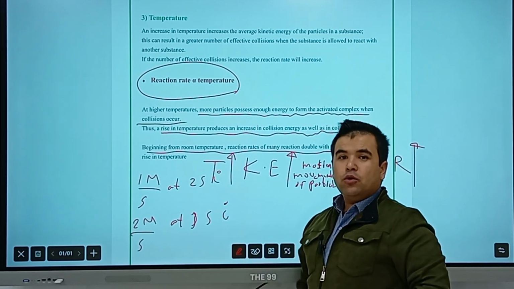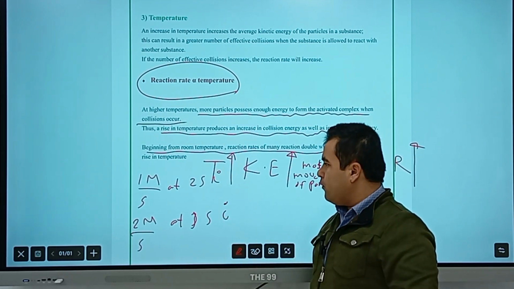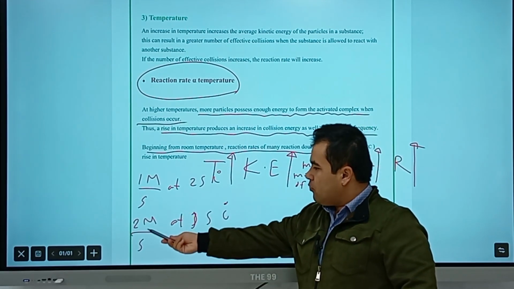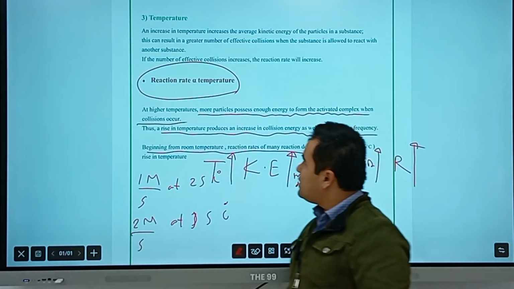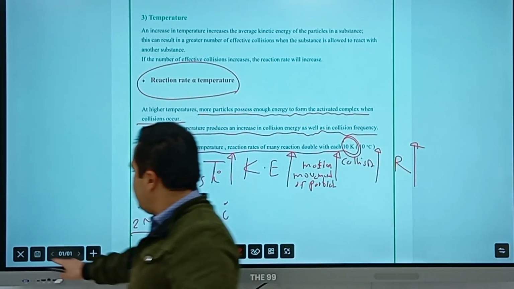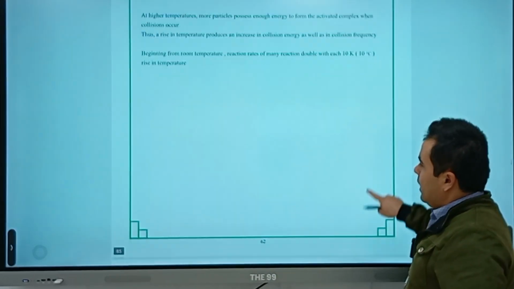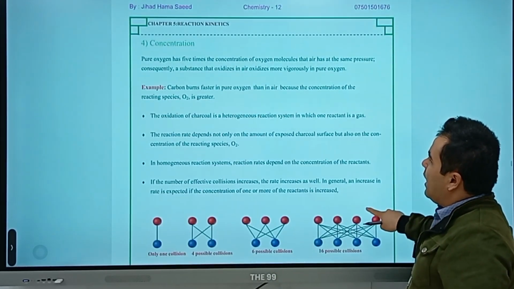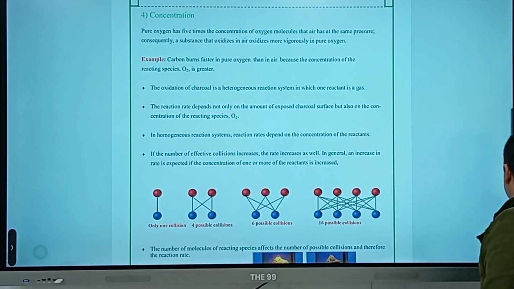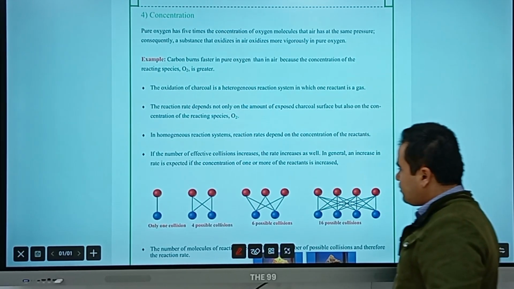Increasing 10 degrees Celsius, this is usually not for all reactions, doubles the rate of the reaction. That's the representation of the relation of temperature with the rate of the reaction.